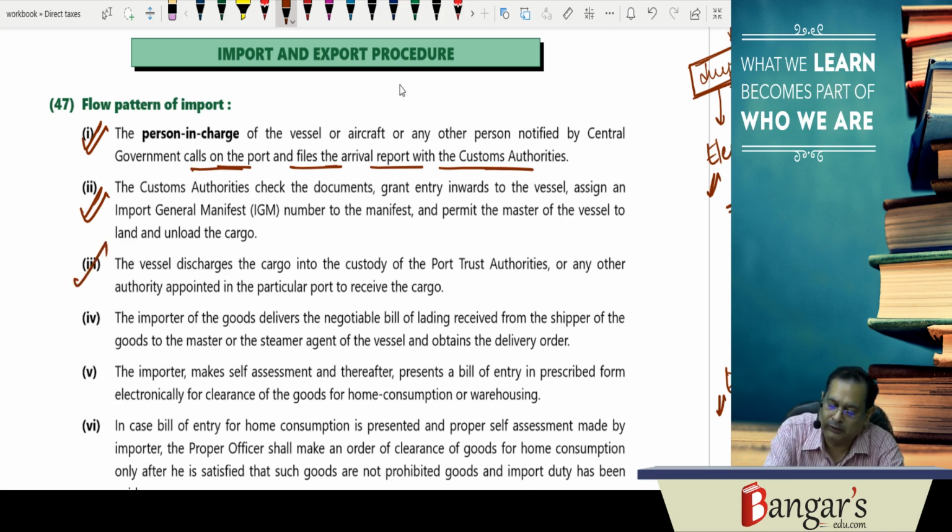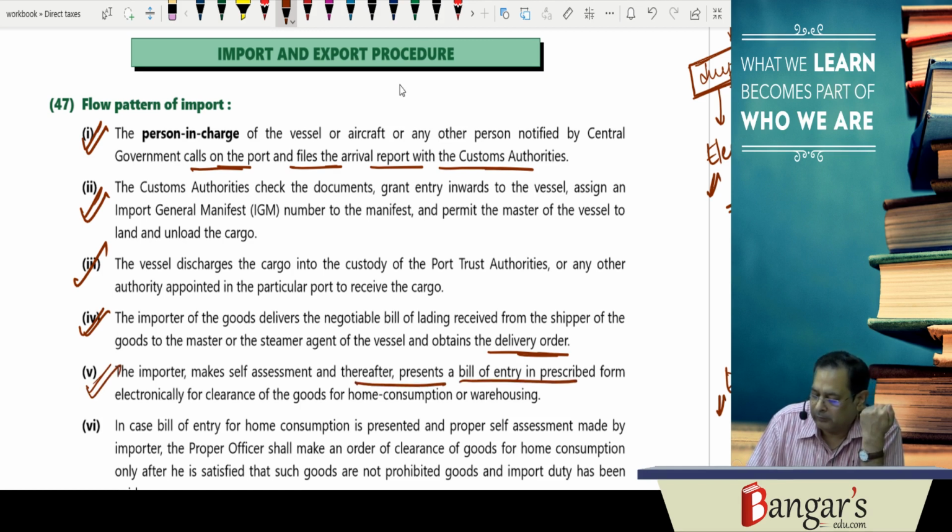Then the vessel discharges the cargo into the custody of the port trust authority or any other authority appointed in a particular port to receive the cargo. Then the importer of the goods delivers the negotiable bill of lading from the shipper to the master or steamer agent, and he obtains the delivery order. The importer makes the self-assessment.